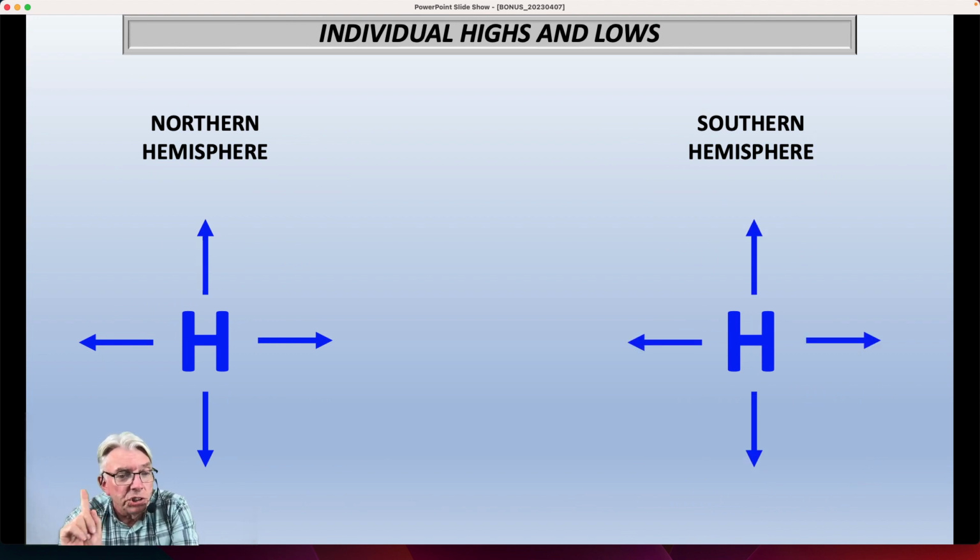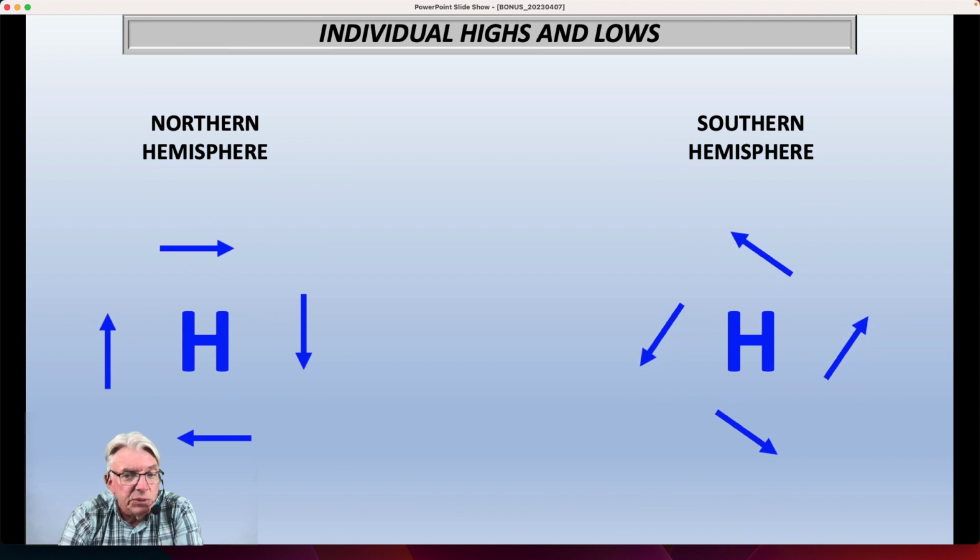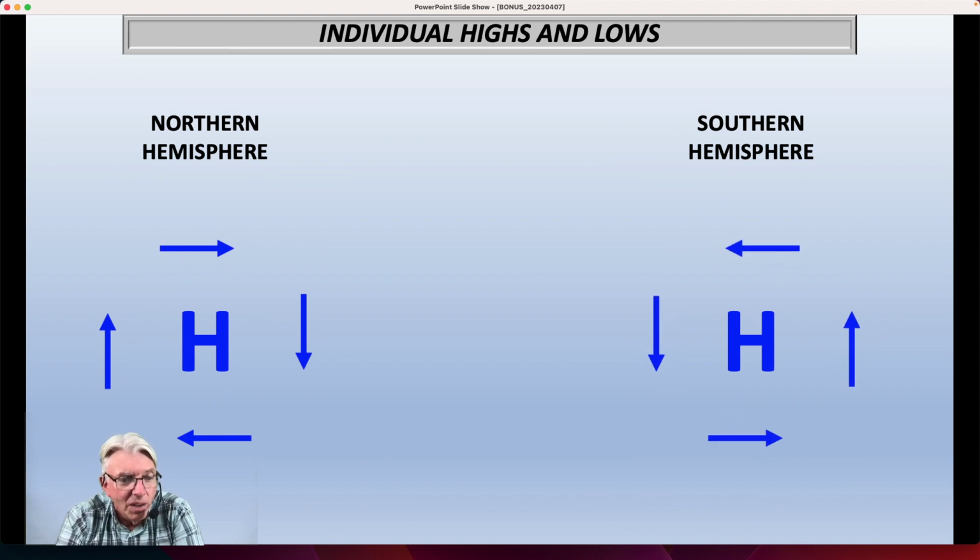But we just showed that in the northern hemisphere, the Earth's rotation, which is the Coriolis force, turns everything to the right 90 degrees, and in the southern hemisphere, it turns it 90 degrees to the left. And so you have a clockwise flow around a high-pressure area in the northern hemisphere, and you have a counterclockwise flow around high-pressure areas in the southern hemisphere. And the lows are exactly the opposite.